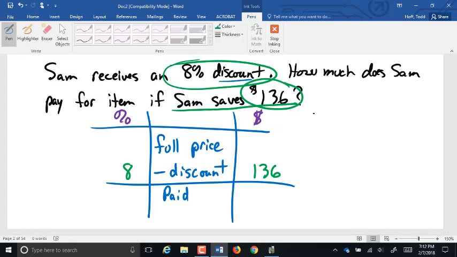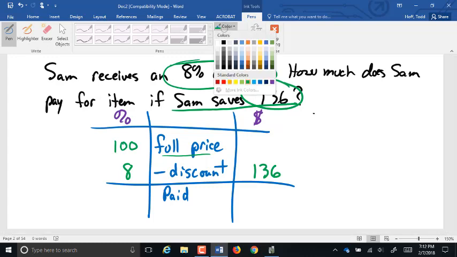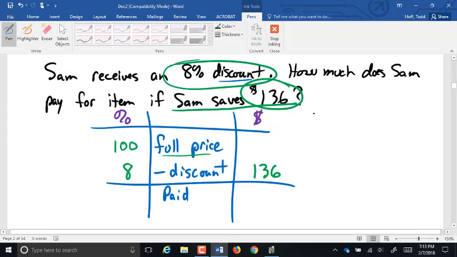Now, there's a percent that we always have, and that is the 100%, which goes where? The full price. The amount paid down here then is found by doing what? Full price minus discount. So 100 minus 8 is 92.